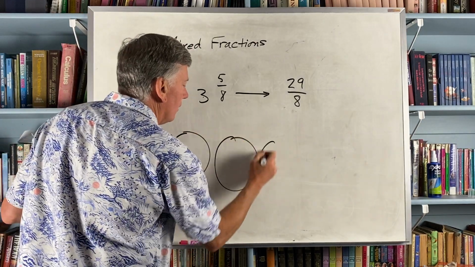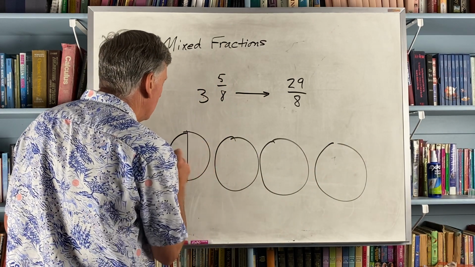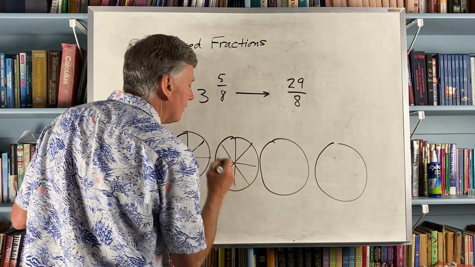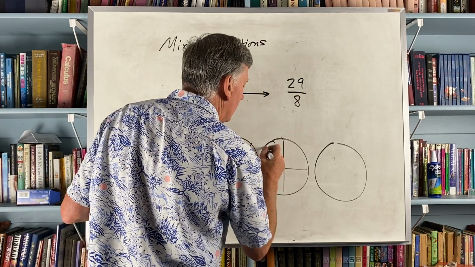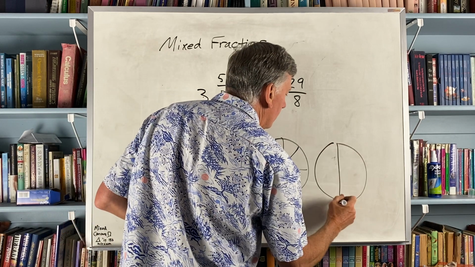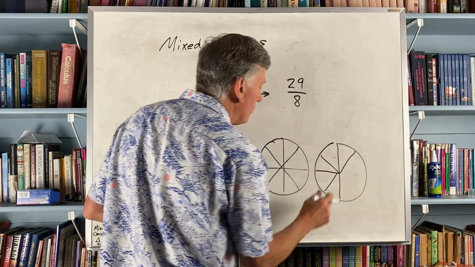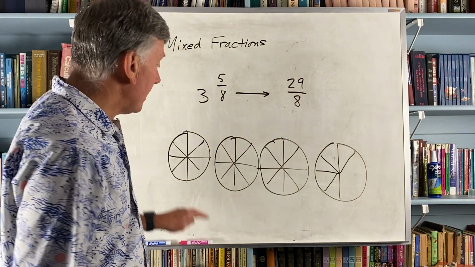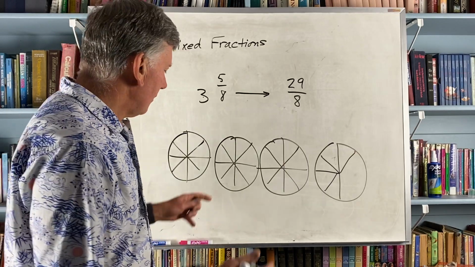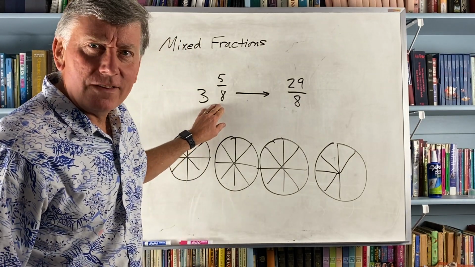You've seen the circles, and you have, here's 3, there's 8/8, there's 16/8, there's 24/8, and then 5 more would give us 29/8, or 3 and 5/8. So that's the picture, but trust me, you're not going to see these much longer.